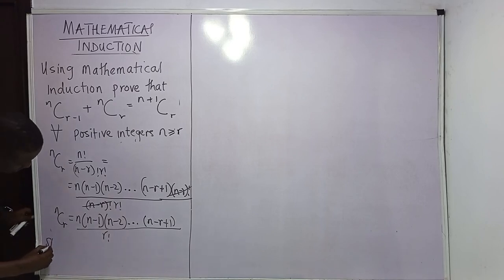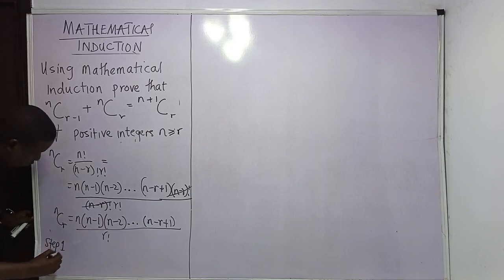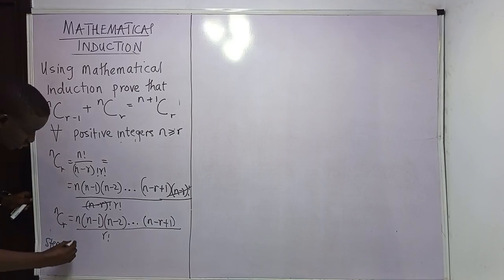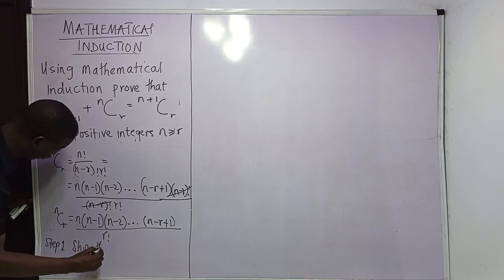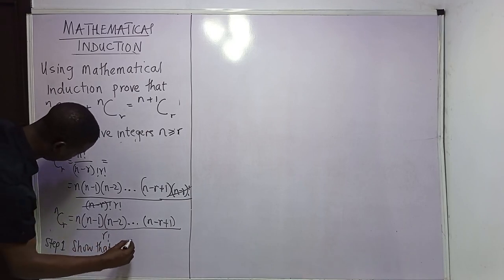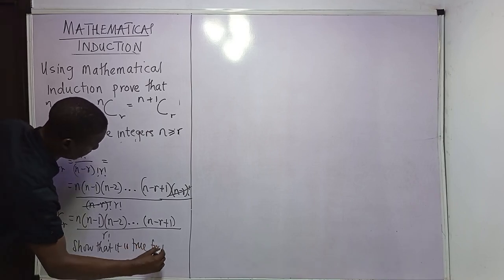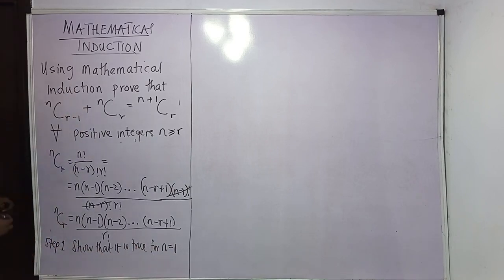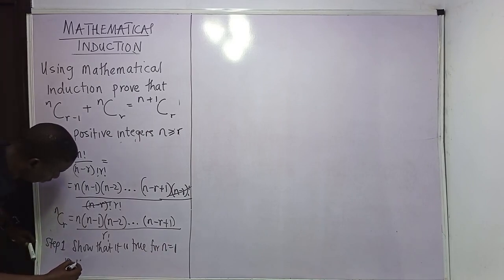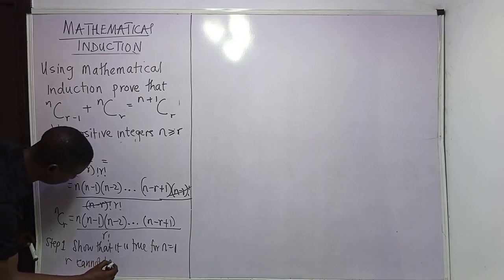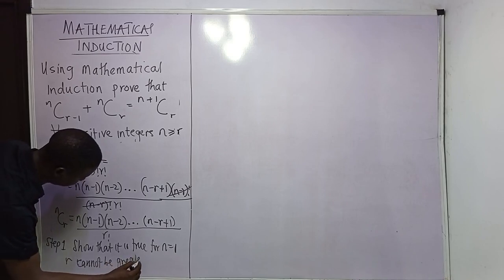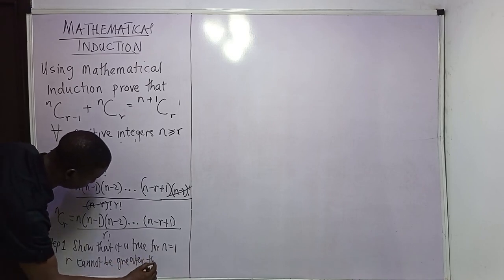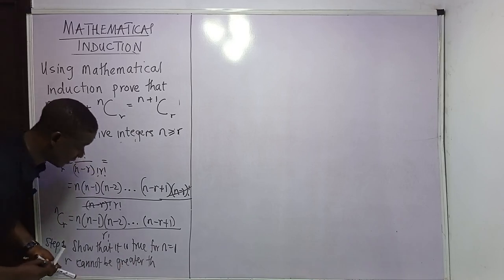Now, we will need this to solve. First of all, step 1 is to show that it is true for n equal to 1. And don't forget our n, it is obvious that r cannot be greater than n.